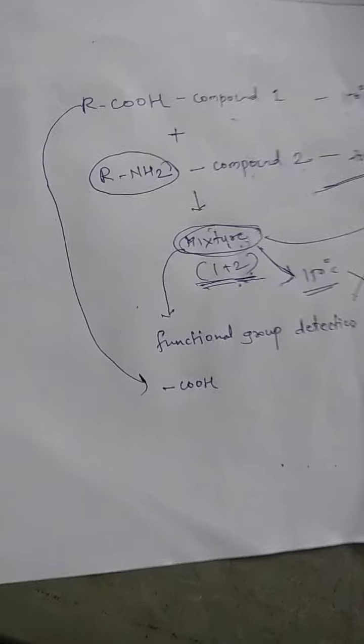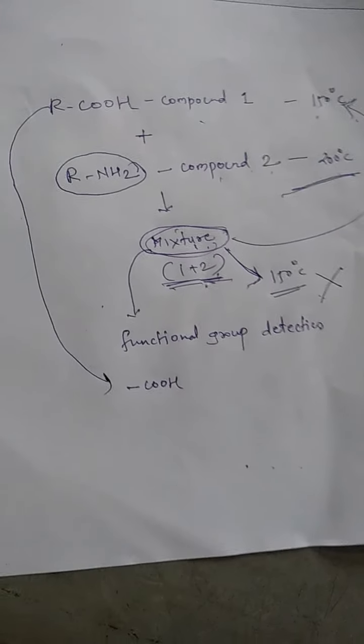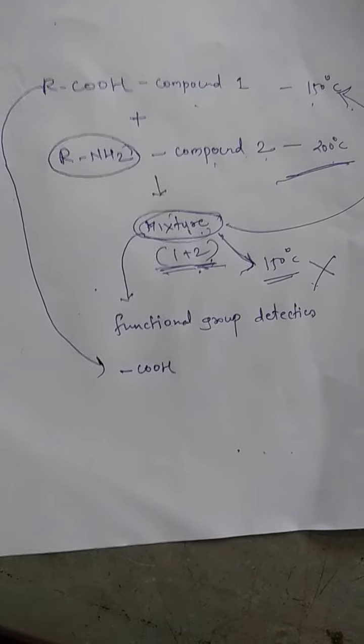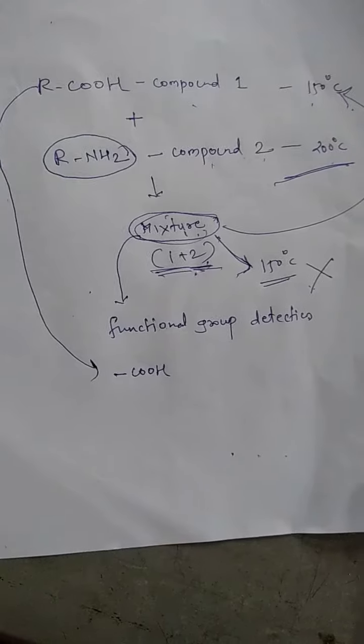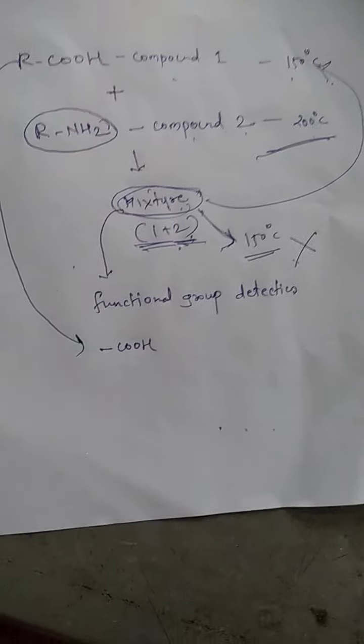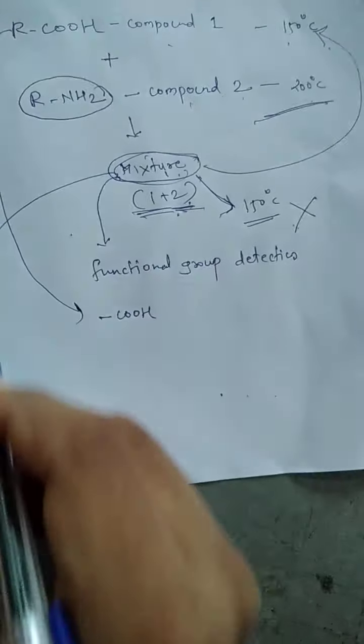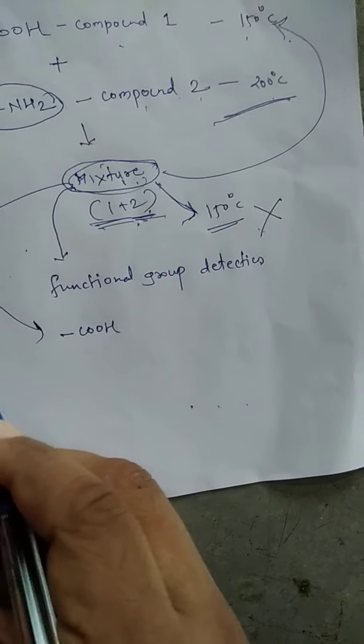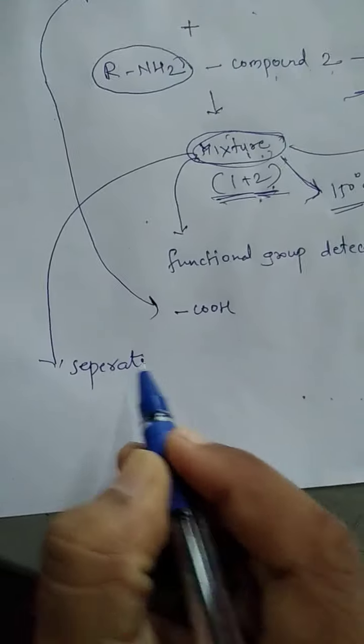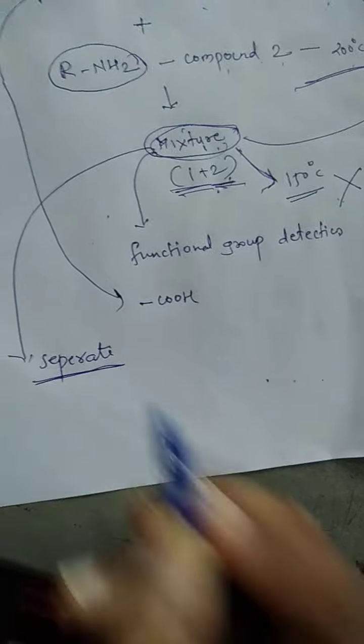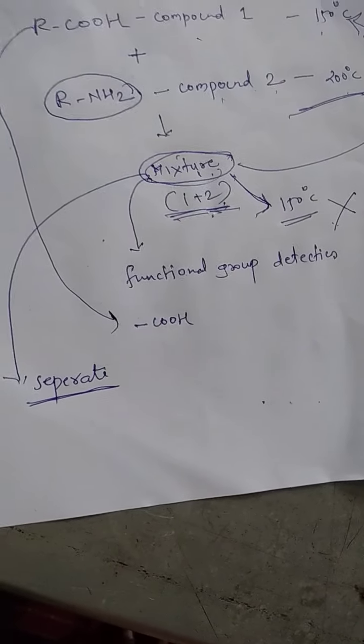If I have given a mixture to you, don't go directly for testing this mixture with the preliminary test, functional group detection, melting point, sodium elemental test. You have to first separate. What is your first aim? You have to separate this mixture.